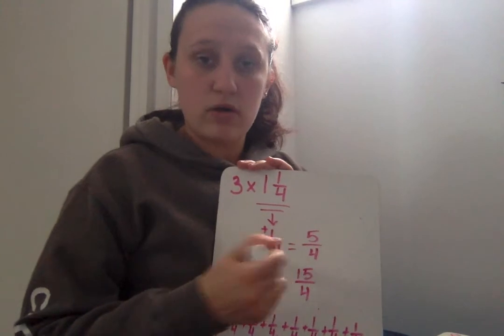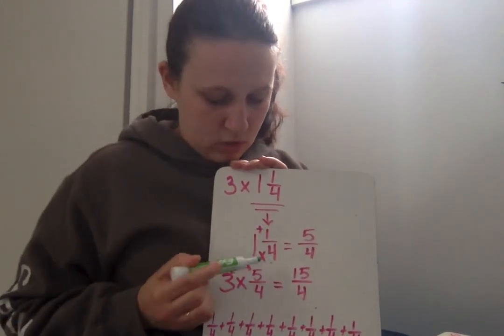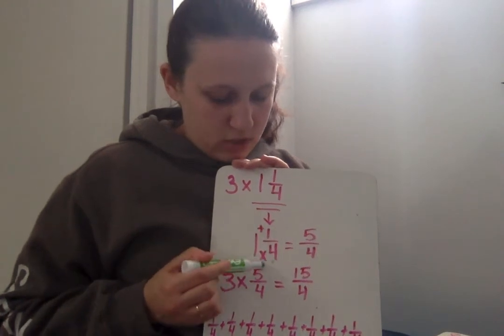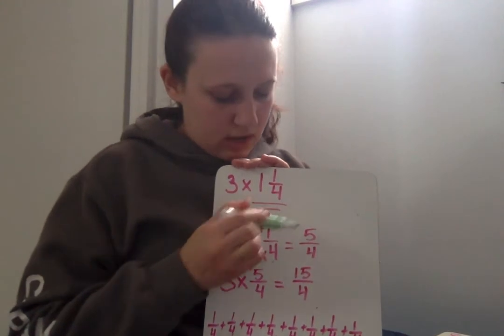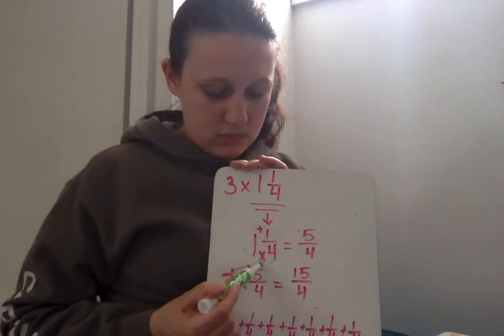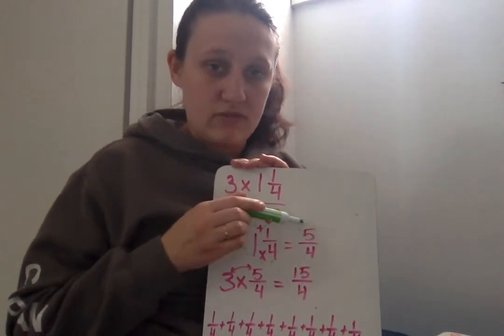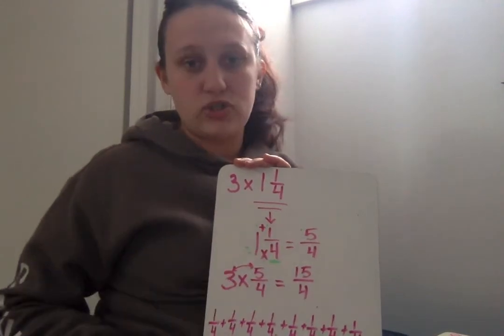You start with the 4 and you multiply it by 1. Remember, we put the x at the bottom, the plus at the top. 4 times 1 is 4. Then you add 1 and it makes 5. So bottom times whole number plus top equals the 5. And you put that over 4 because the denominator never changes.